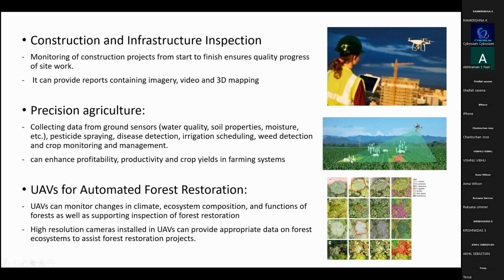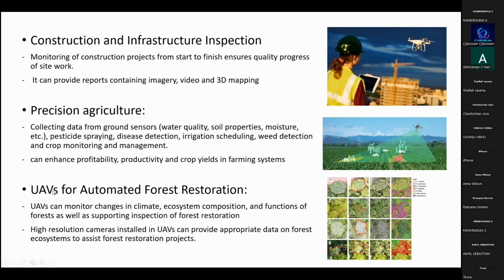So here we are showing that a drone went and collected all the data, and after understanding it, it found out that this particular land area is not good for these crops, and these are the areas where we will get the maximum benefits. So we can use this information to only use these areas rather than going into those particular areas. So it is basically enhancing profitability and productivity in farming systems.